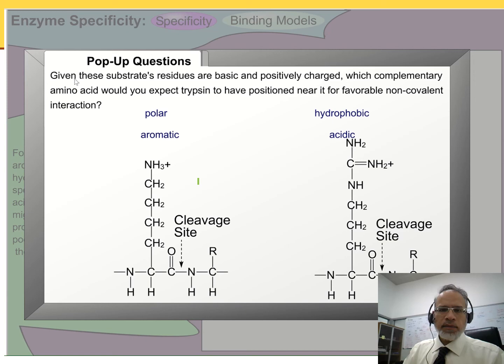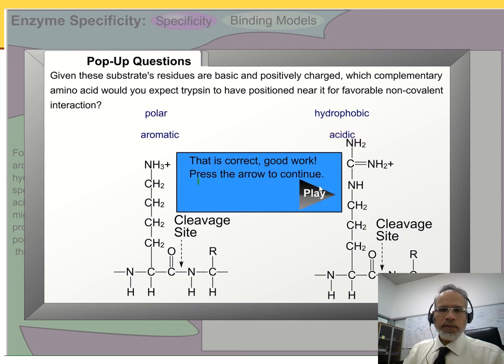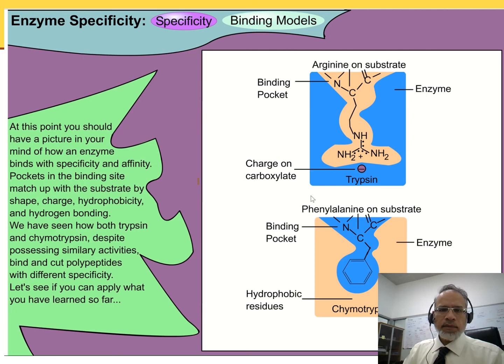Okay, now given that the substrate residues are basic and positively charged, which complementary amino acid would you expect trypsin to have in the active site next to the substrate? So if the substrates are positive, then the amino acid side chains that are interacting with them must be the opposite, which are acidic. And that's what they're showing you.